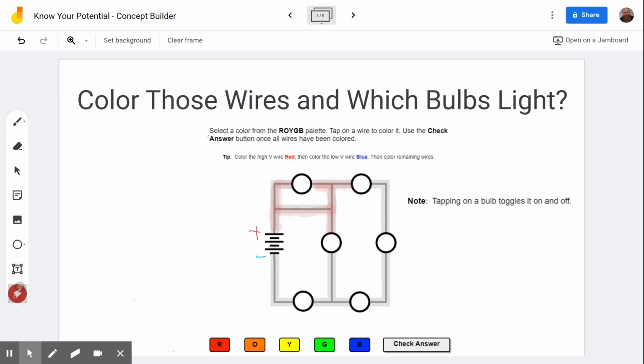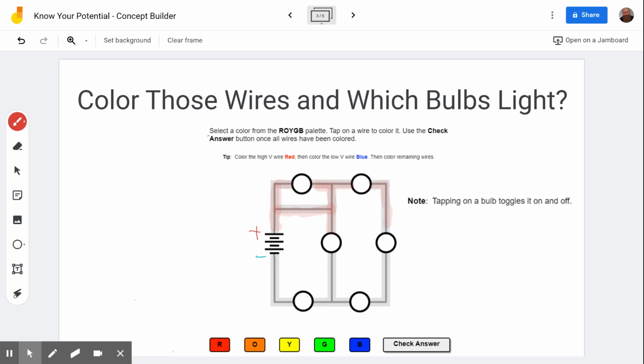But then when the electrons or the charges have to go through the light bulbs, by the way, these circles represent the light bulbs, when they have to be pushed through it, they're going to give off some light, right? And that's going to take away their energy. So they'll have less energy per charge, which means the wire beyond that will have less energy.